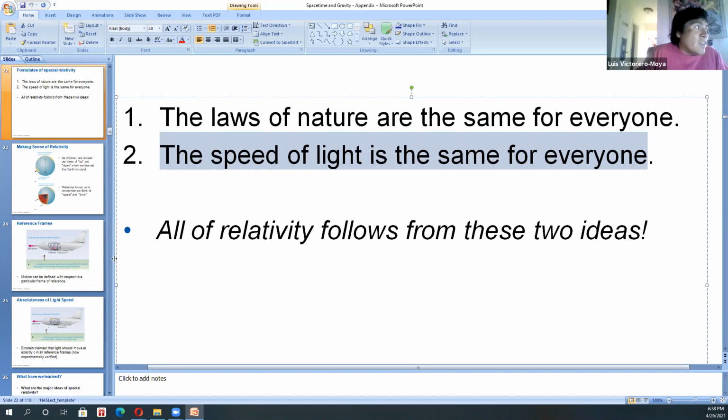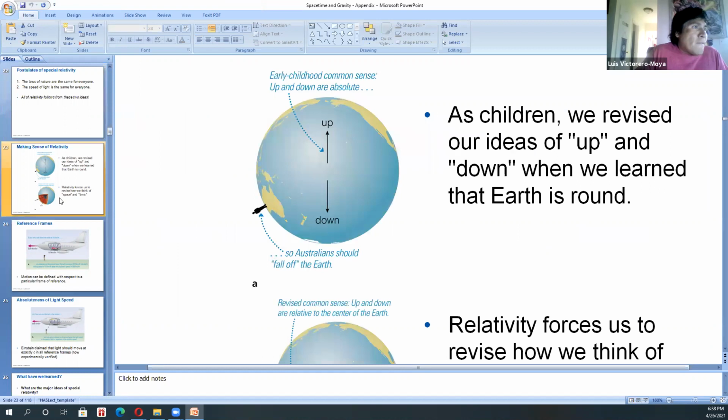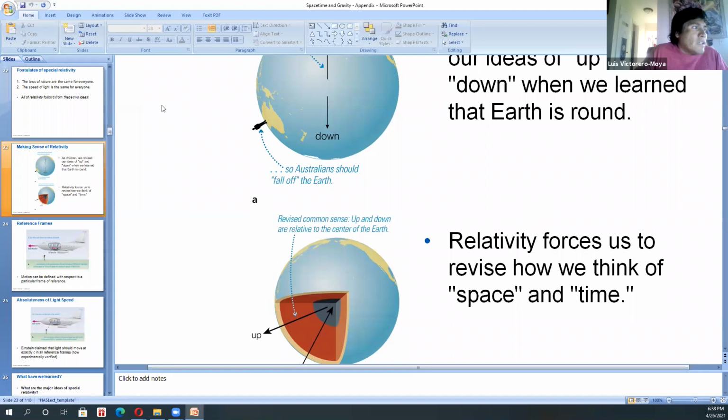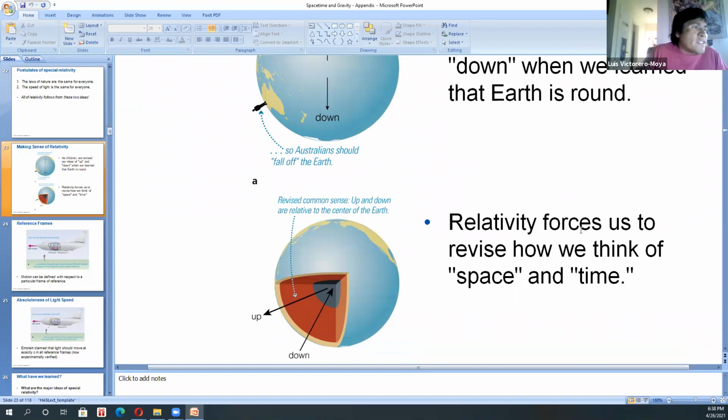Because you either add or subtract the velocities, all right? Okay, so again, relativity is going to force us to revise the whole idea of space and time, all right?